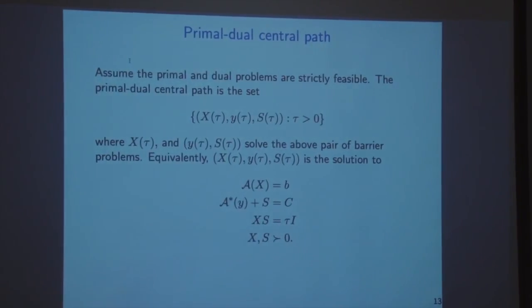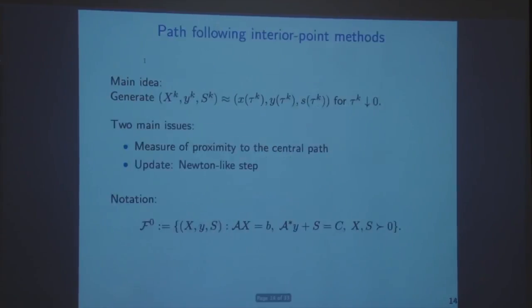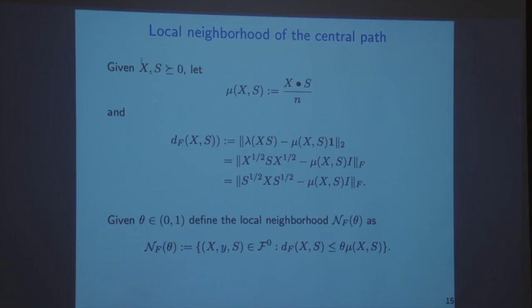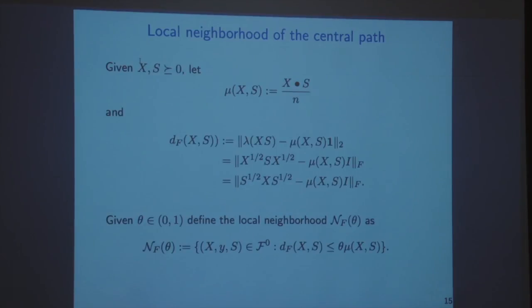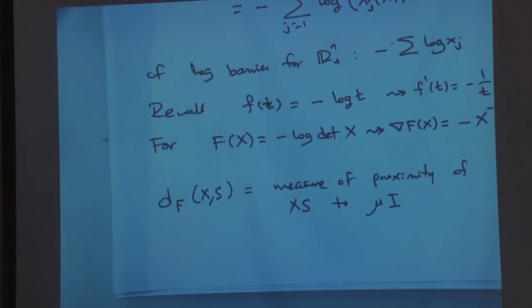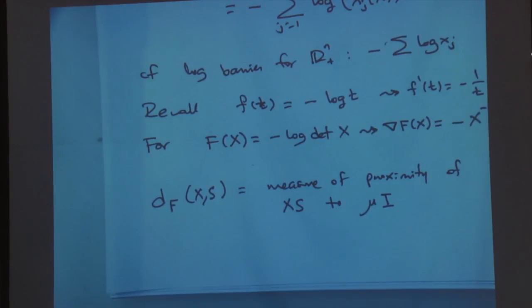So if we leave a little bit of wiggle room there, we get a neighborhood of the central path. So that's what this d defines. We don't require that XS be exactly equal to mu times the identity. Instead, we measure some kind of distance between XS and mu times the identity. So there is a bit more deep mathematics that goes behind this.